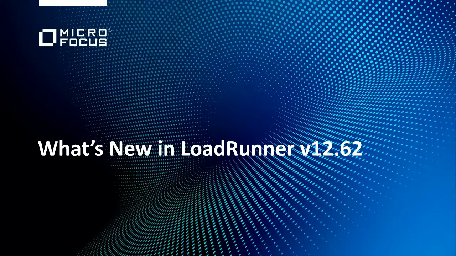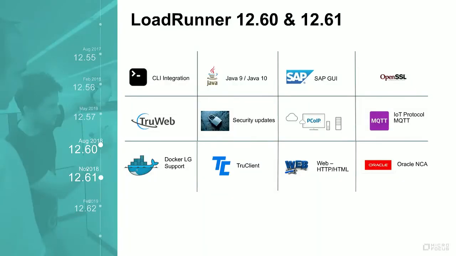We're very excited and enthusiastic about what the team was able to work on. And this is just showcasing what more we have planned for the future. Just a quick recap. 1260 and 1261 were released in August and November of last year. 1260 was our major release for 2018, and between the two, it highlighted some key functionality that we wanted to add to LoadRunner.